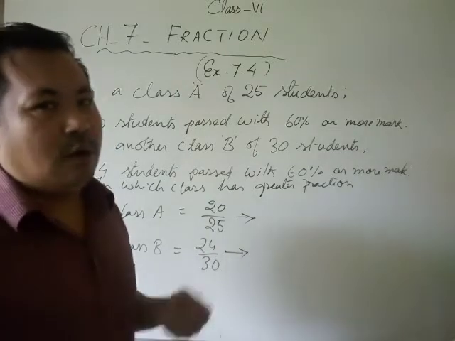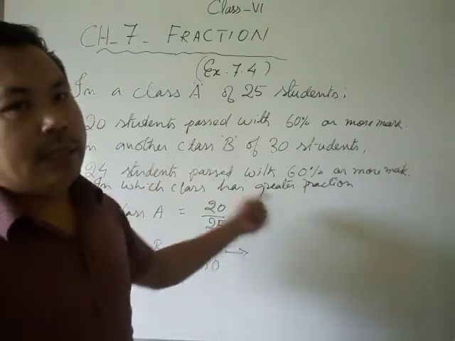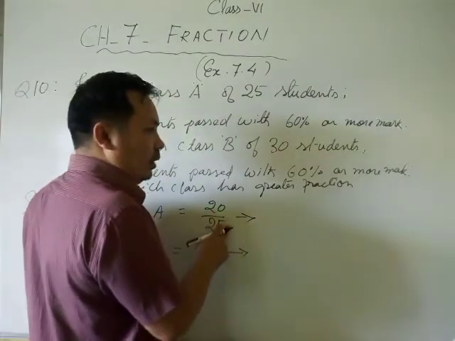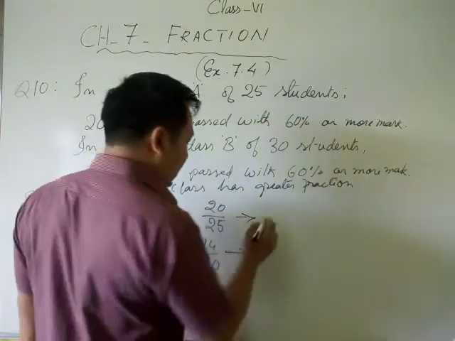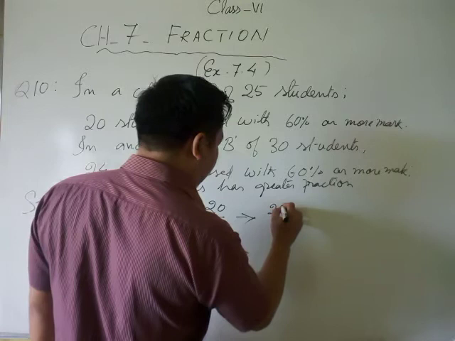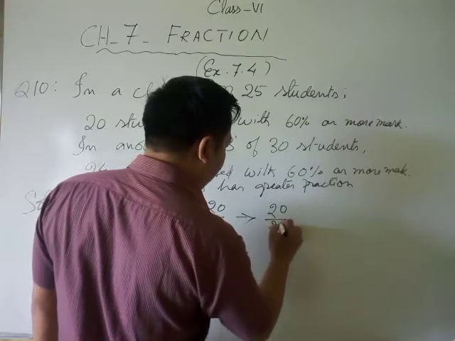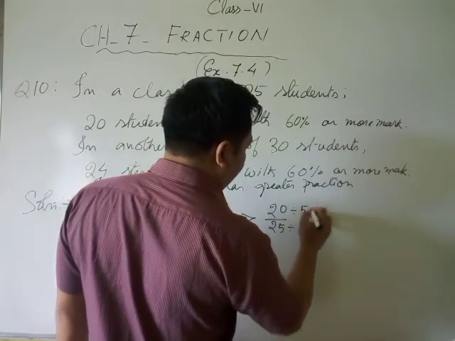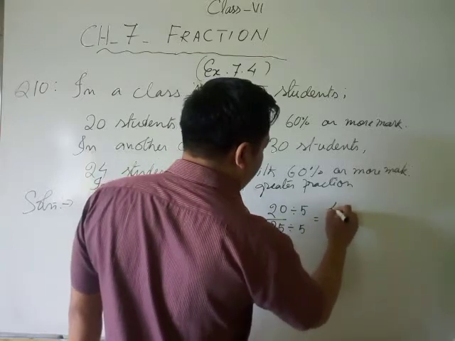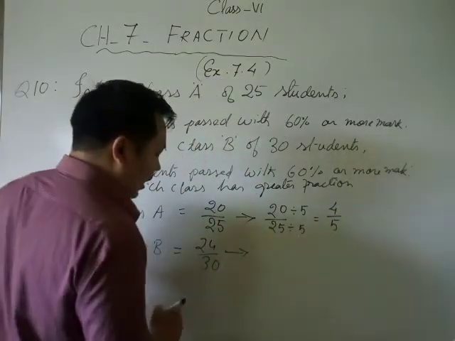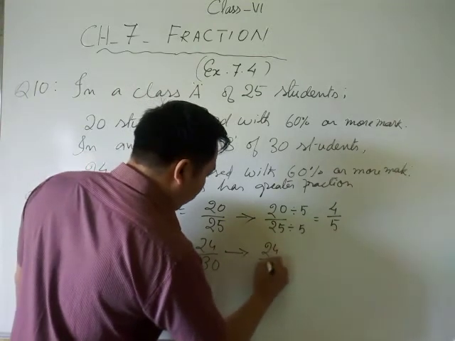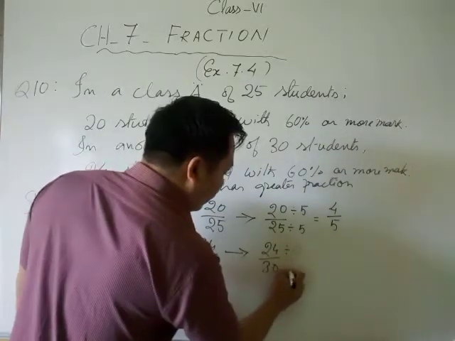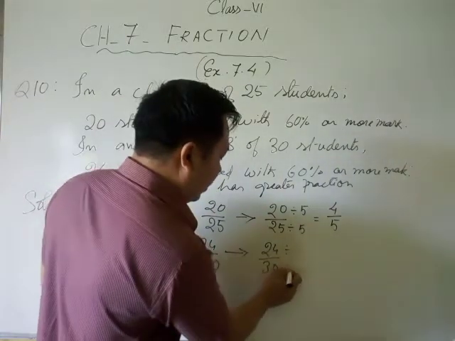Now we will not take the LCM. Now what we do is change each into its lowest form. To convert into the lowest form, we have to divide the numerator and denominator by one common number. Let us say 20 by 25. The HCF is 5. How much do we get? We are getting 4 by 5. Then 24 by 30 we convert into the lowest form by dividing by the HCF.